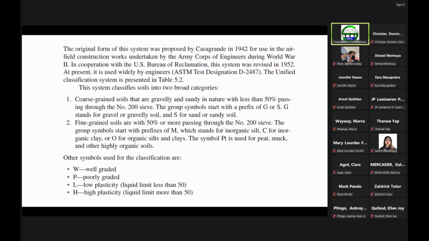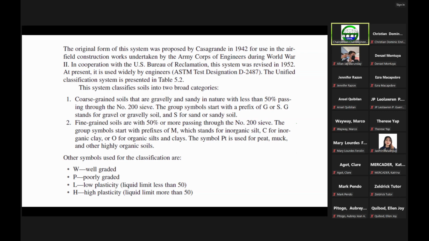The original form of the system was proposed by Casagrande, who also designed the Casagrande apparatus for the Atterberg limits, for example, in 1942, during World War II, for use in the airfield construction works undertaken by the U.S. Army Corps of Engineers.